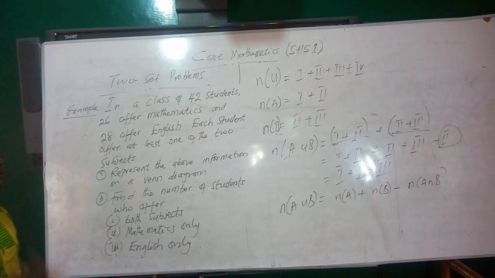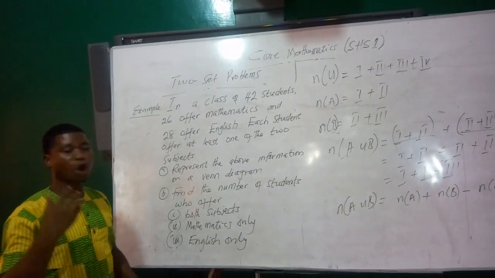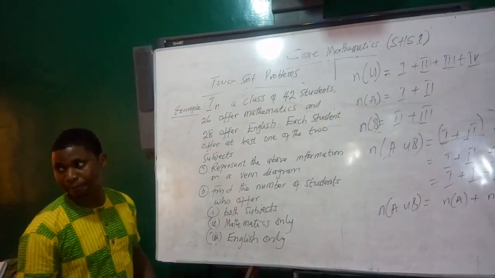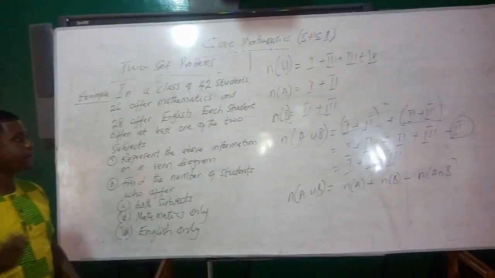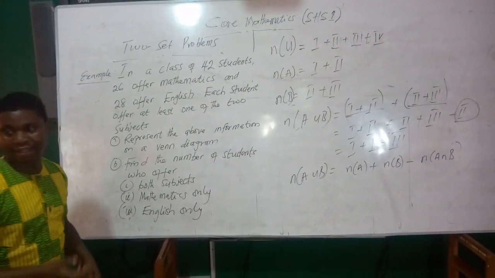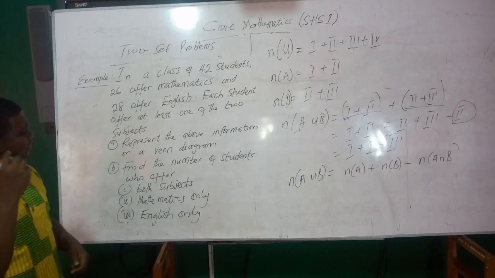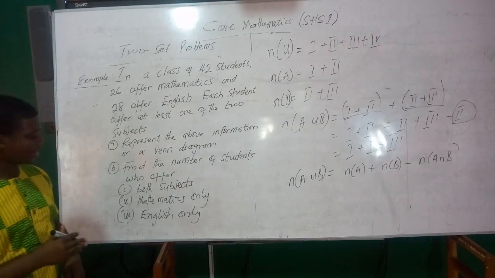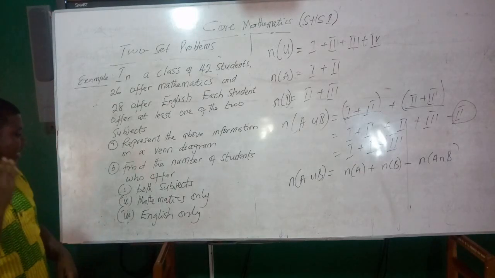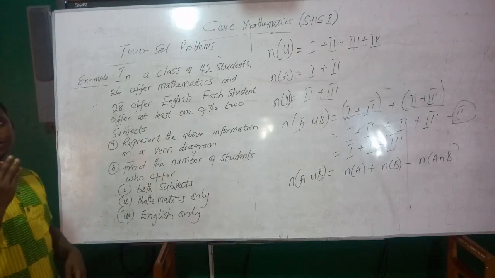A. Represent the above information on a Venn diagram. B. Find the number of students who offer both subjects.